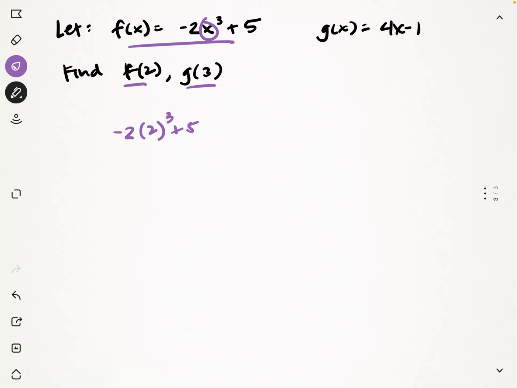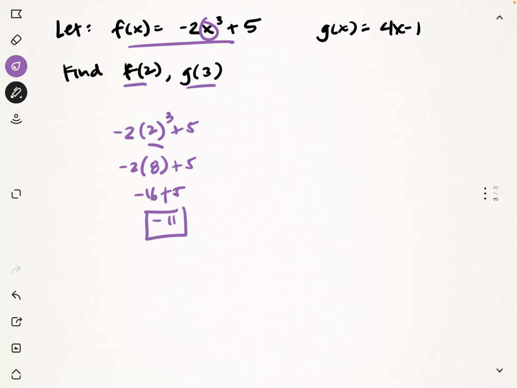We're going to remember our order of operations. So we do our exponent: 2 to the third is 8. And then remember we need to multiply. Negative 2 times 8 is negative 16. Plus 5, which is negative 11.